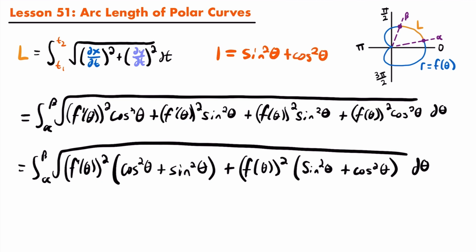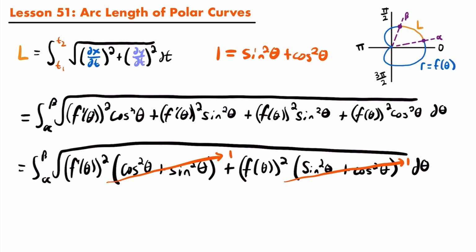So it doesn't matter what order you add cosine squared theta or sine squared theta, whether you have cosine squared theta plus sine squared theta or sine squared theta plus cosine squared theta, both of those quantities are just equal to 1. We're multiplying f prime of theta squared times 1 and f of theta squared times 1. So we don't need to rewrite these quantities. They just become 1, right?